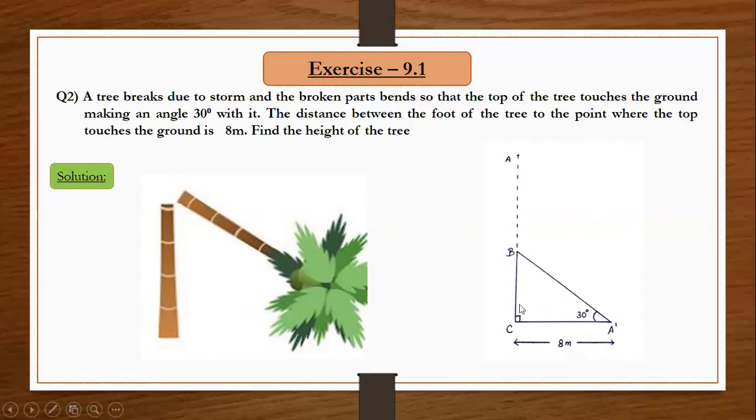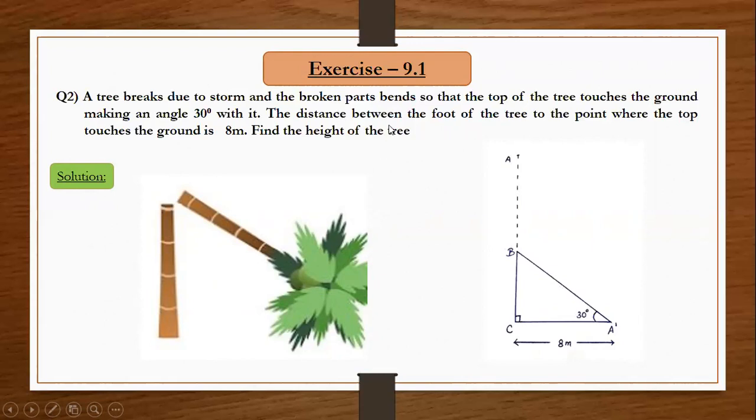Suppose AC is the complete tree and at B it is breaking. So after breaking, the top part falls down on the ground. With the ground, it is making 30 degree. This angle, how much it is bent, that is 30 degree.